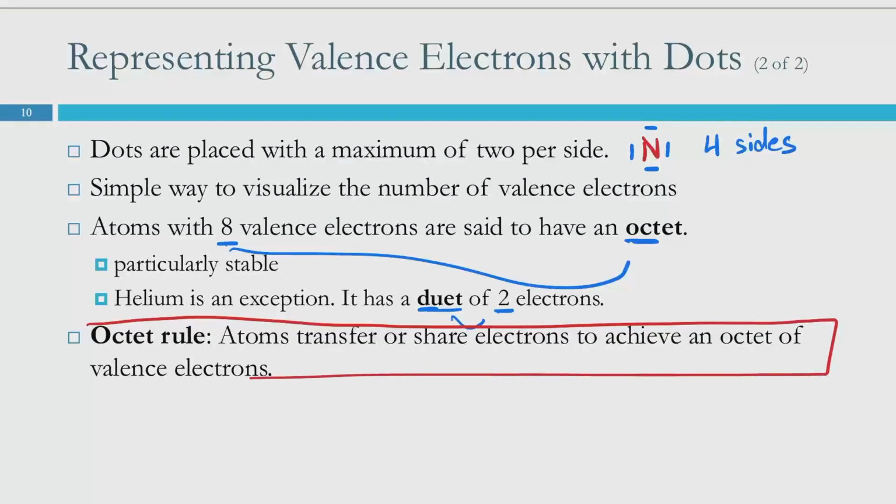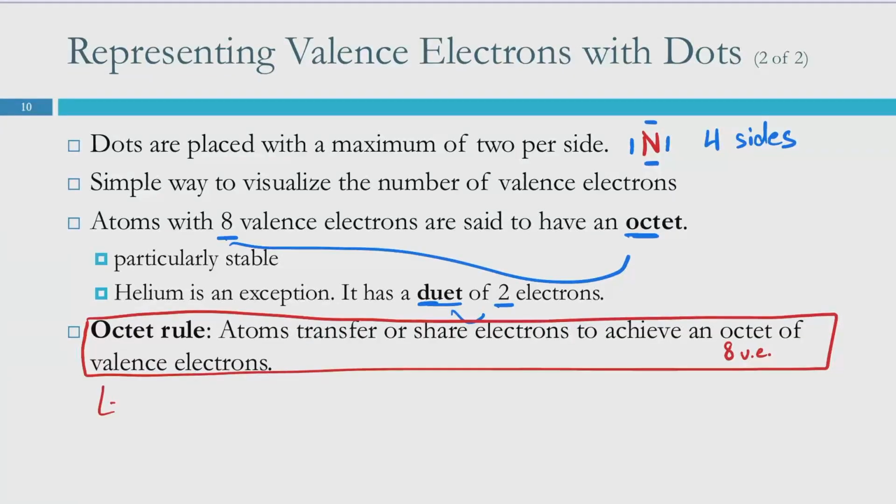So our octet rule is that our atoms transfer or share electrons to achieve an octet of valence electrons. This is noble gas configuration, or something similar to being a noble gas configuration. We know that our noble gases are especially stable.